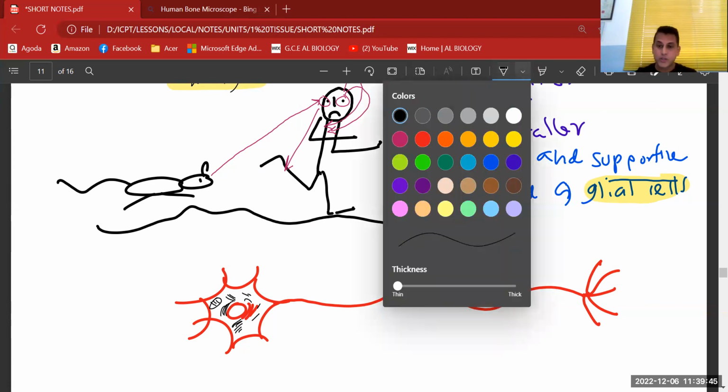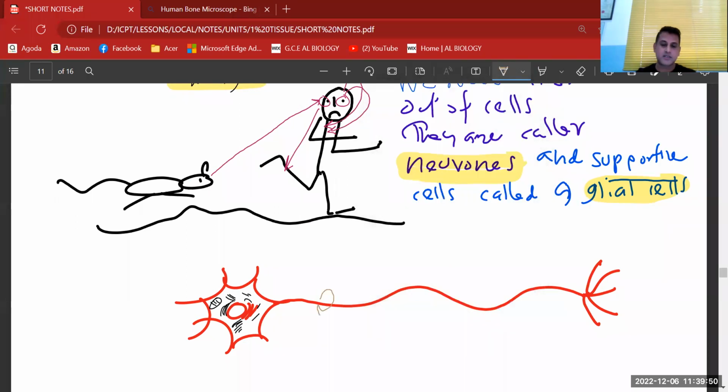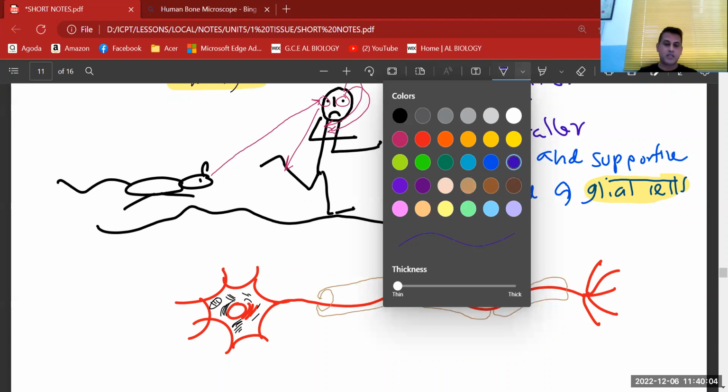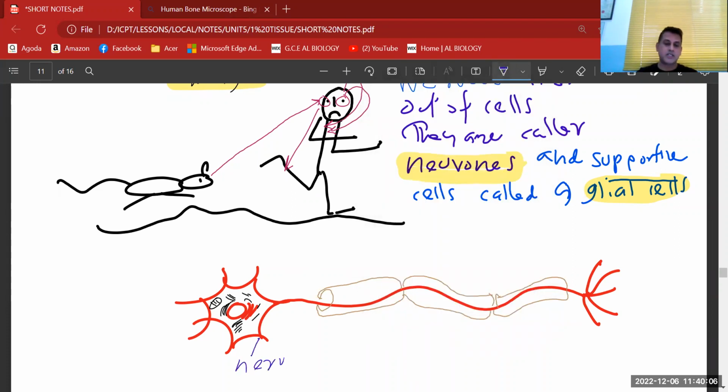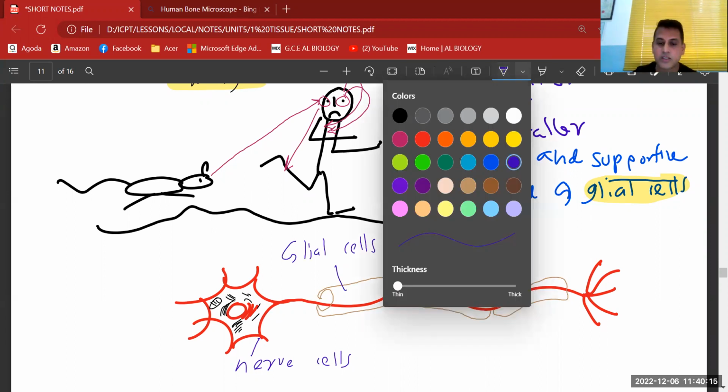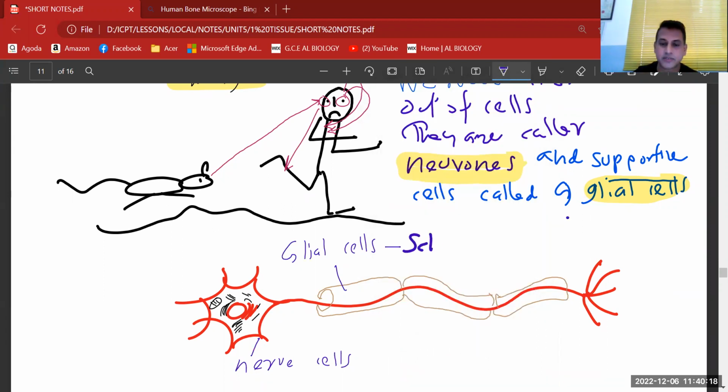We can also find these supportive cells attached to the nerve cells. This is the nerve cell, and that is a glial cell. The exact name of the cell is Schwann cell.